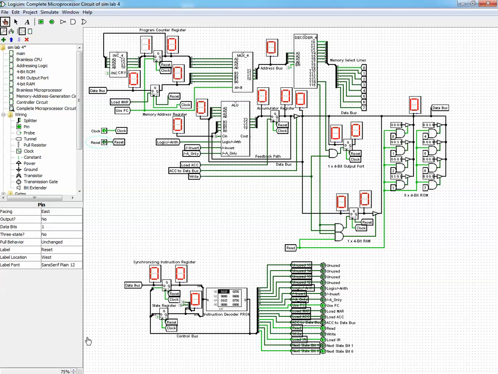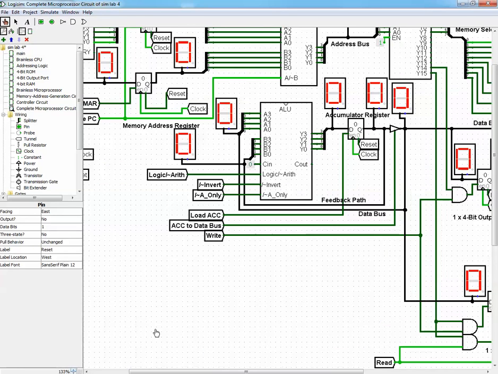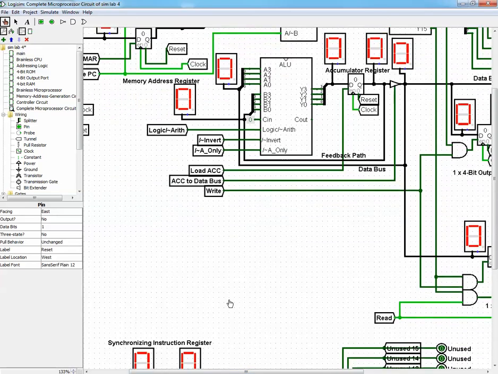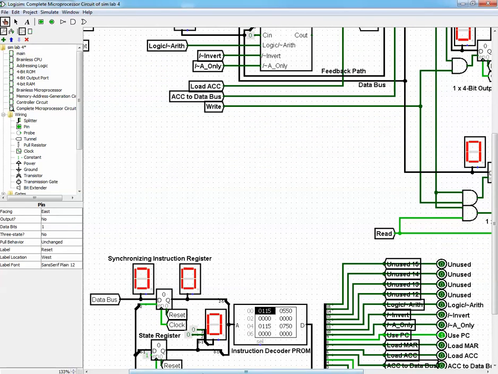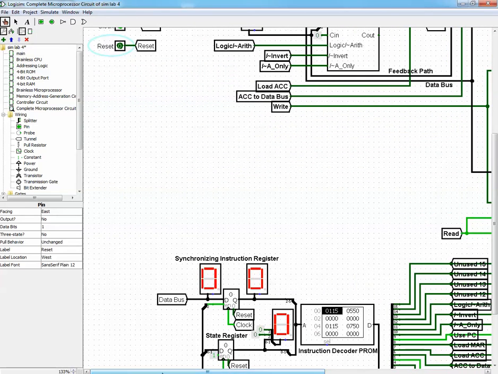Okay, and let's zoom in to have a look at what happens exactly here. So here we have reset the state, so we are right now in state 00.